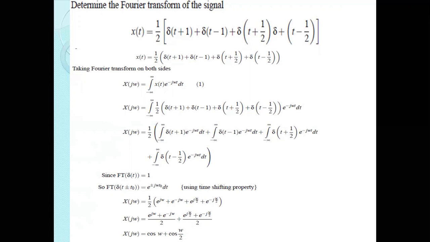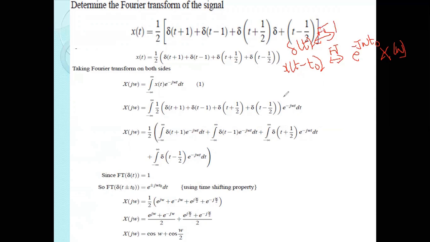If it is shifted to the right or the left, x of t minus t naught, the Fourier transform by the time shift property is e power minus j omega t naught into x of omega. So what is that x of omega we are taking? That is delta of t. What is its Fourier transformation?